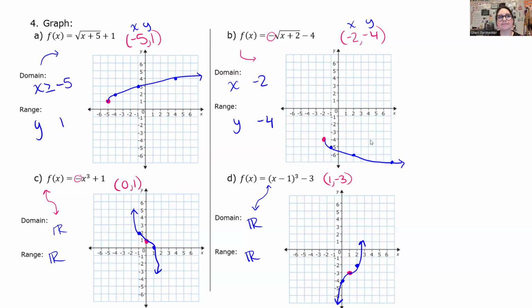It's on the right side. Really, for everything that I'm going to make you graph, the domain is always greater than or equal to. For the range, when your graph is above the starting point, you say greater than or equal to. When your graph is below the starting point, it's less than or equal to.